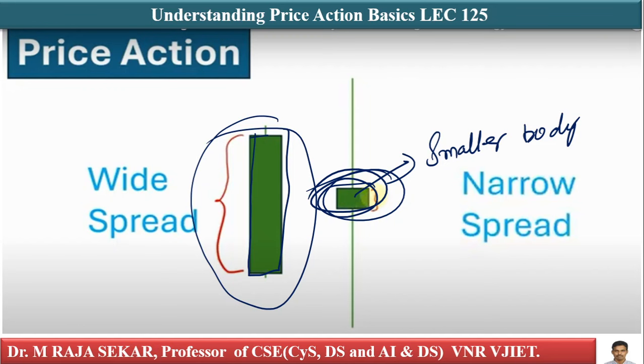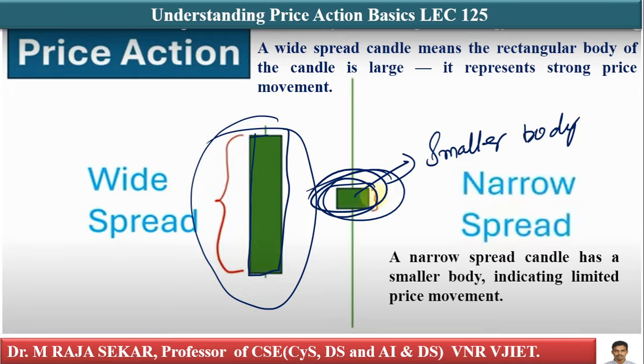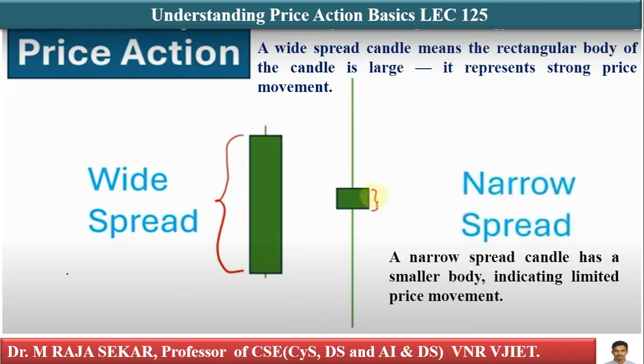According to basic price action, a widespread candle suggests trend continuation. That's what we discussed. A widespread candle means the rectangular body of the candle is large, representing strong price action. What is the meaning of narrow spread?